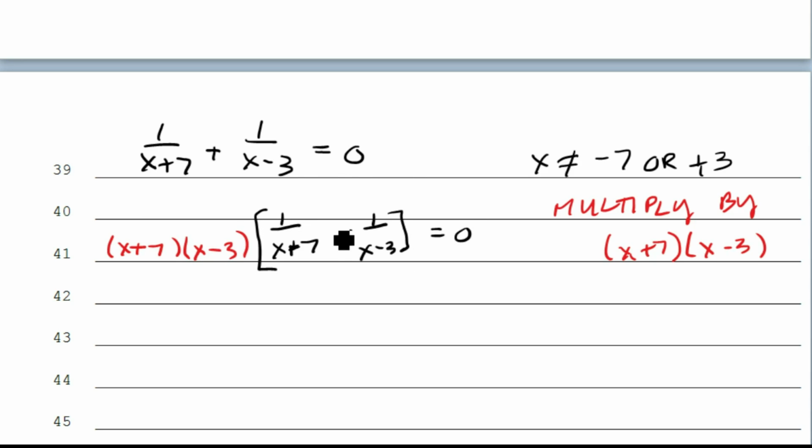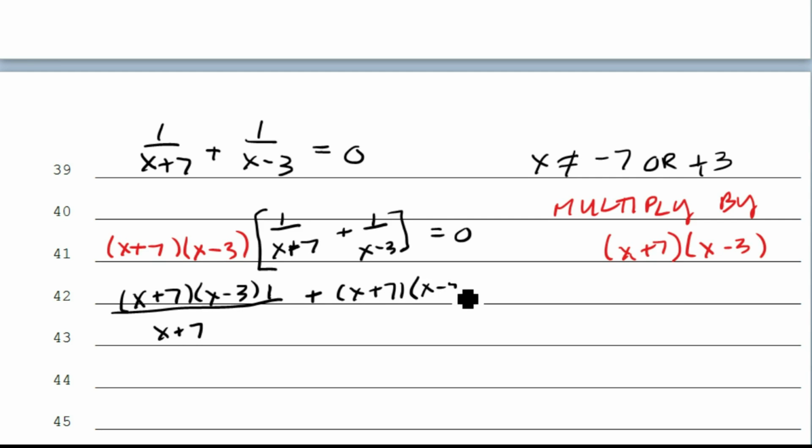And then take these two terms into the brackets. You'll get x plus 7 times x minus 3 times 1 over x plus 7 plus x plus 7 times x minus 3 times 1 over x minus 3.